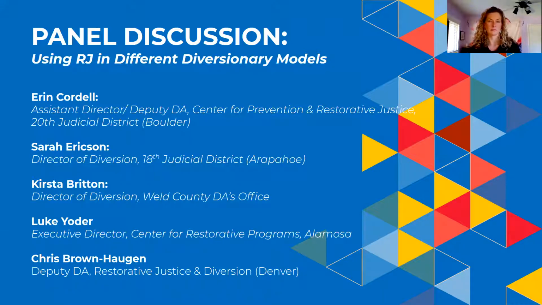For one, prosecutors want to make sure that similar cases are being treated similarly. So one thing that we do in diversion is make sure that things that go through RJ are going to have similar outcomes as far as what the kids need to do.